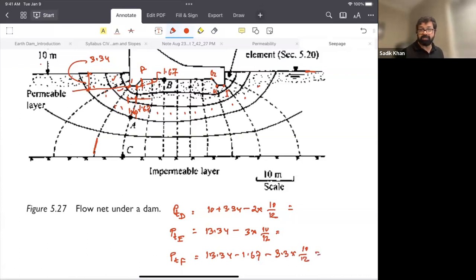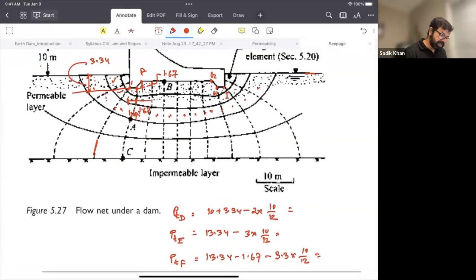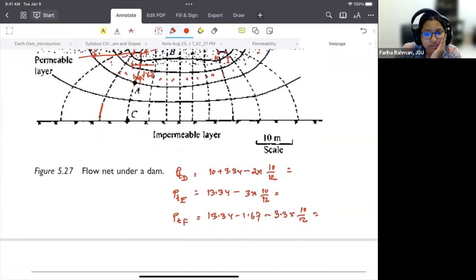And what happens at point G? Point G is 1, 2, 3, 4, 5, 6, 7, 8, 9, 10. So this is 9 point something, maybe 9.6. So it will be the same, but minus 9.6 multiplied by 10 over 12. I have a question.